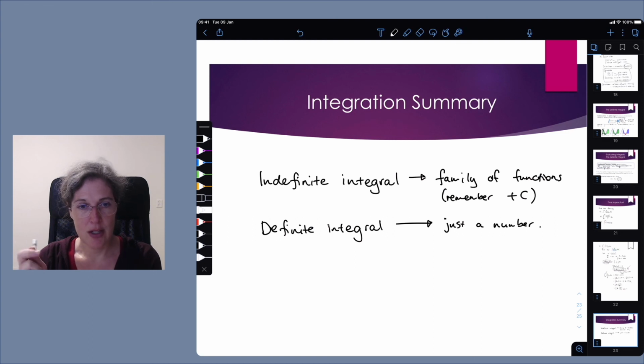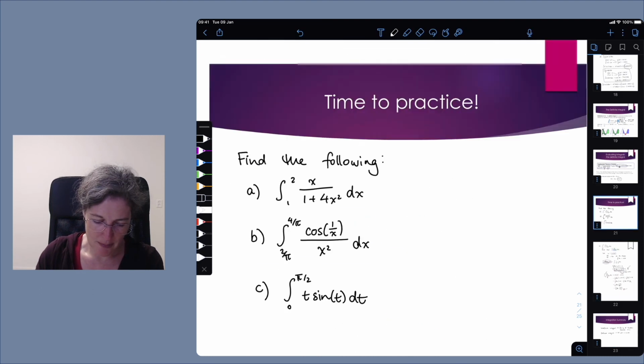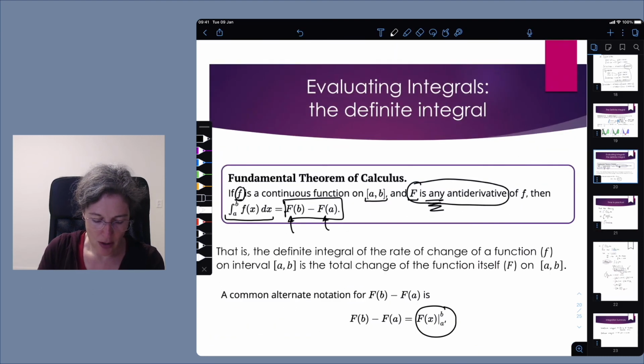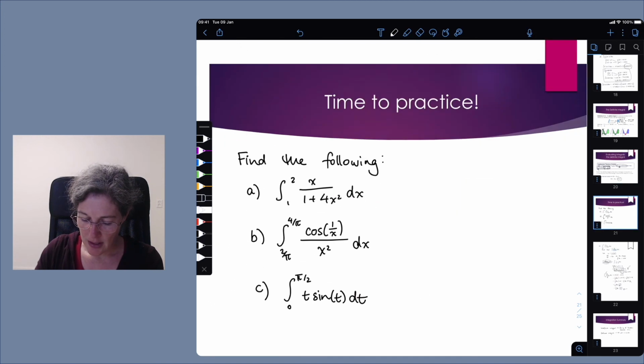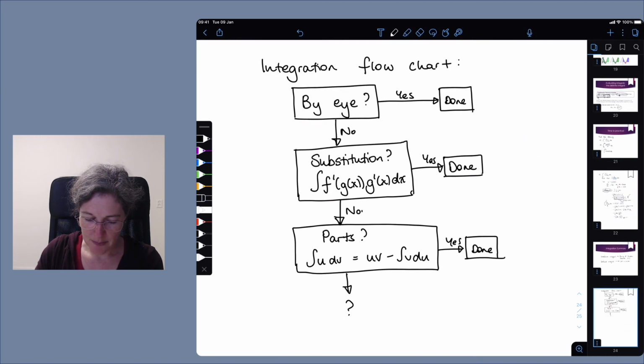So they have quite different interpretations, but they're linked together by the fundamental theorem of calculus, which was this bunny up here, which told us how to calculate the definite integral using the antiderivatives that we found using the indefinite integral.